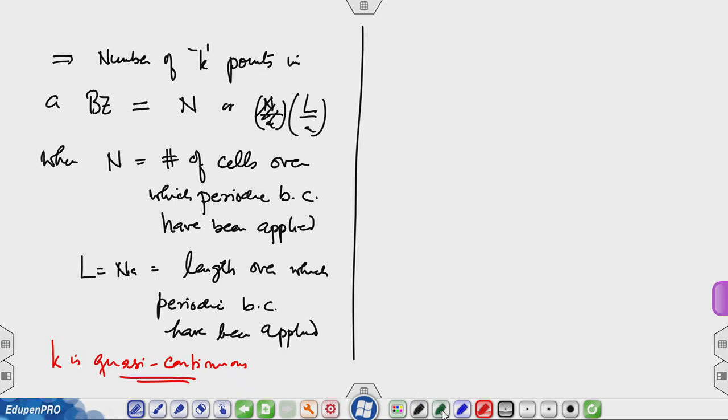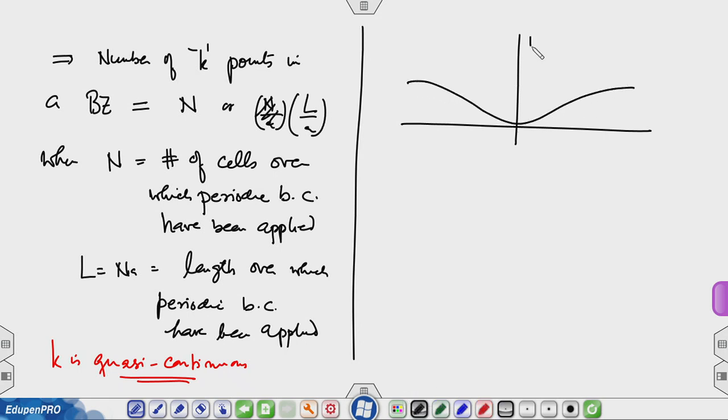So, what we are going to have is, if I take one particular band, E k versus k, I am going to have k values at these discrete points. Let me make them bigger.